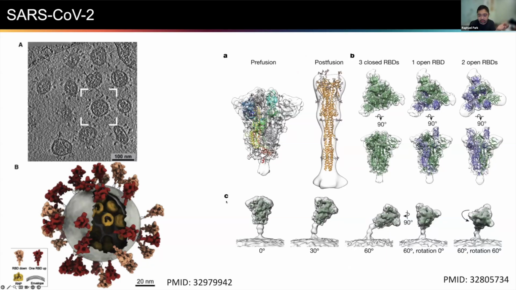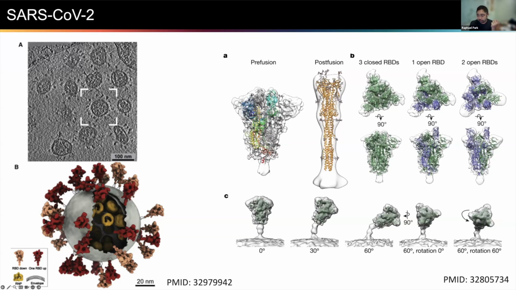Also, cryo-ET was particularly powerful during the pandemic. People used cryo-ET to understand the molecular architecture of SARS-CoV-2. And also, looking at it in a most native context allowed us to understand how flexible the viral spike is relative to the viral surface, and also how some spike proteins have partially open receptor binding domain.